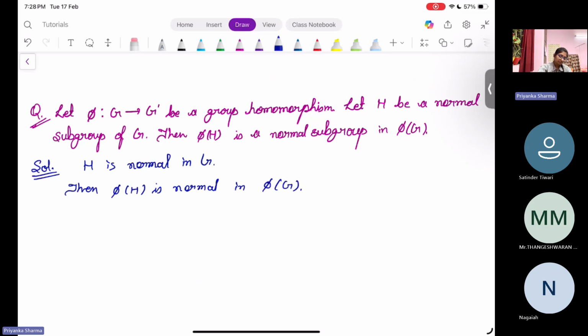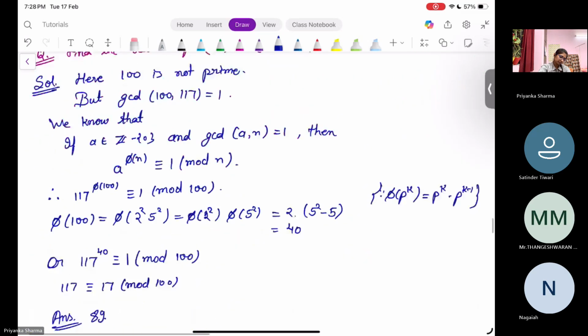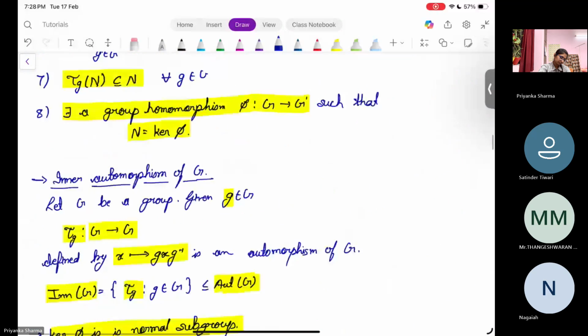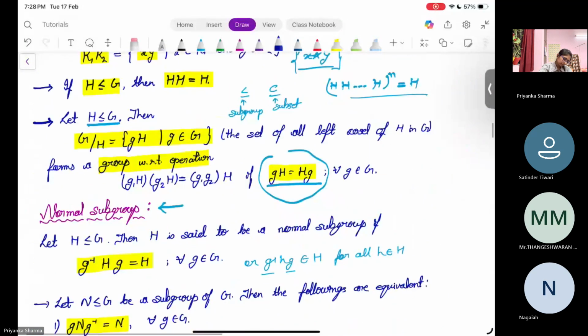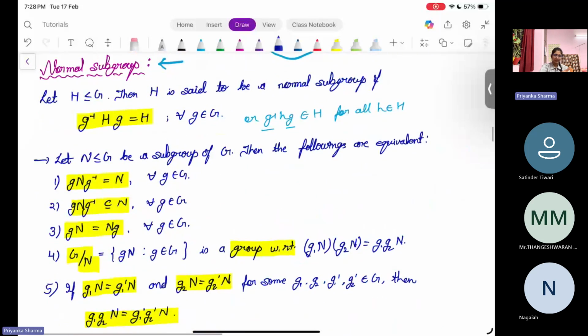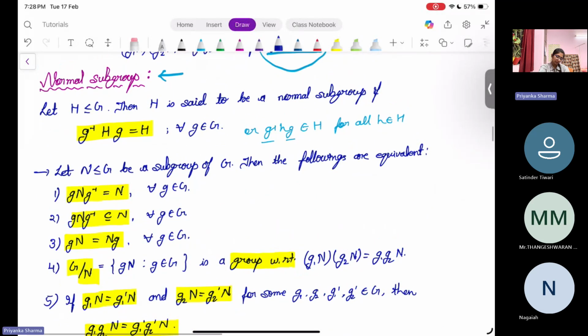Okay. How do we prove whether a subgroup is normal? There are alternate definitions to prove a subgroup to be a normal subgroup.